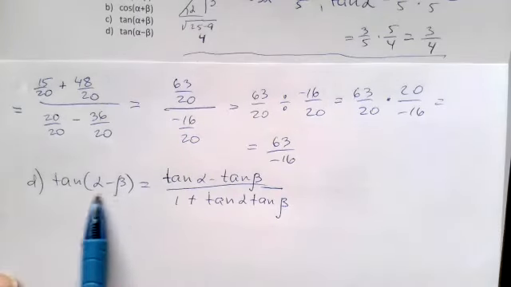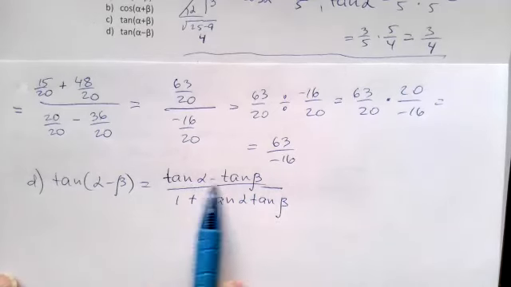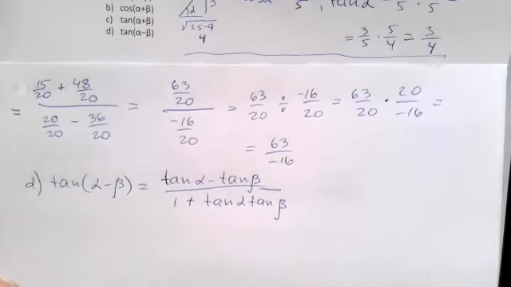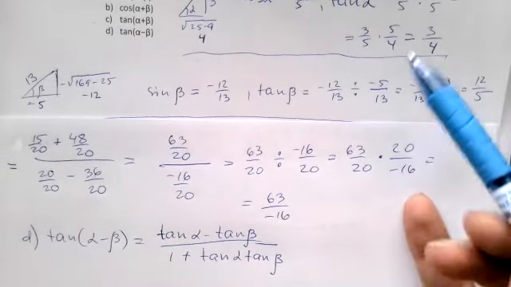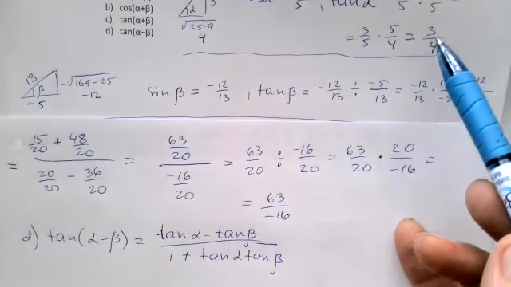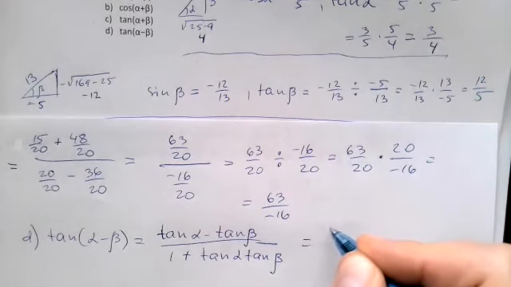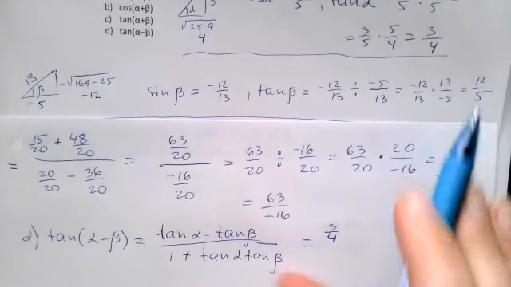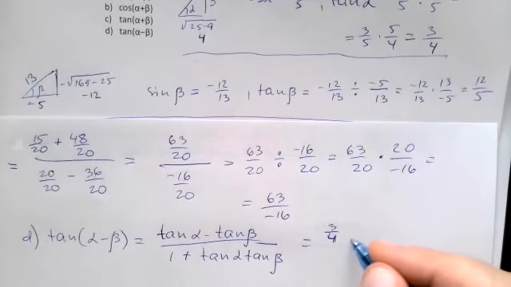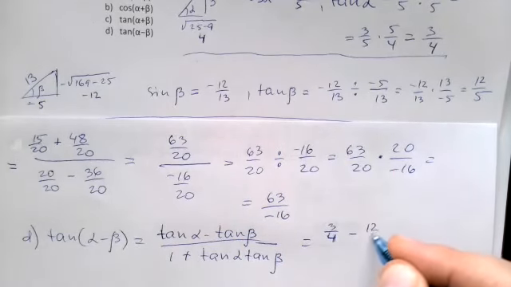We have tangent alpha is 3/4 and tangent beta is 12 over 5.